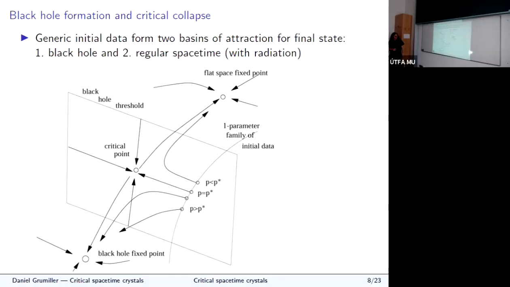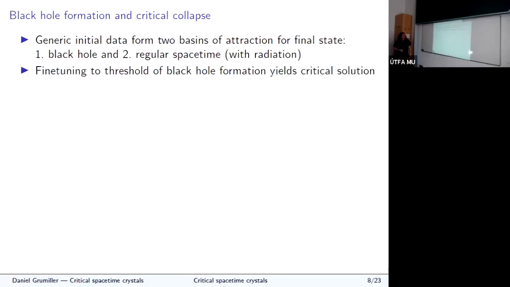If you perturb it a little bit, then you either fall into this face of the flow or into that face. So this critical solution is an attractor of codimension one, in the sense that it has one unstable mode, but otherwise all initial data are attracted to it until the unstable mode kicks in.